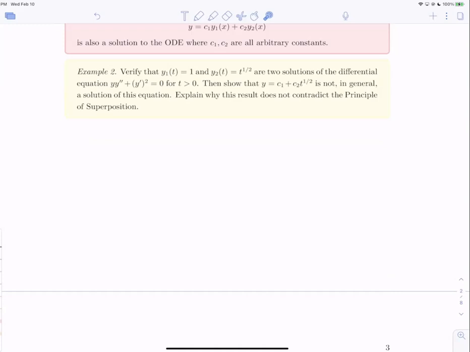I will start writing, because checking if they're solutions is pretty simple, and I'm pretty sure everyone can do it already.